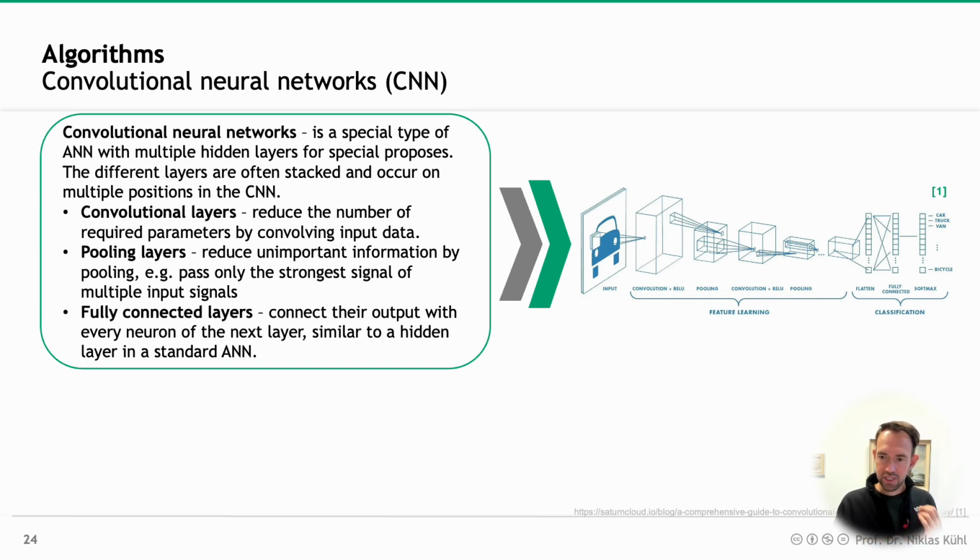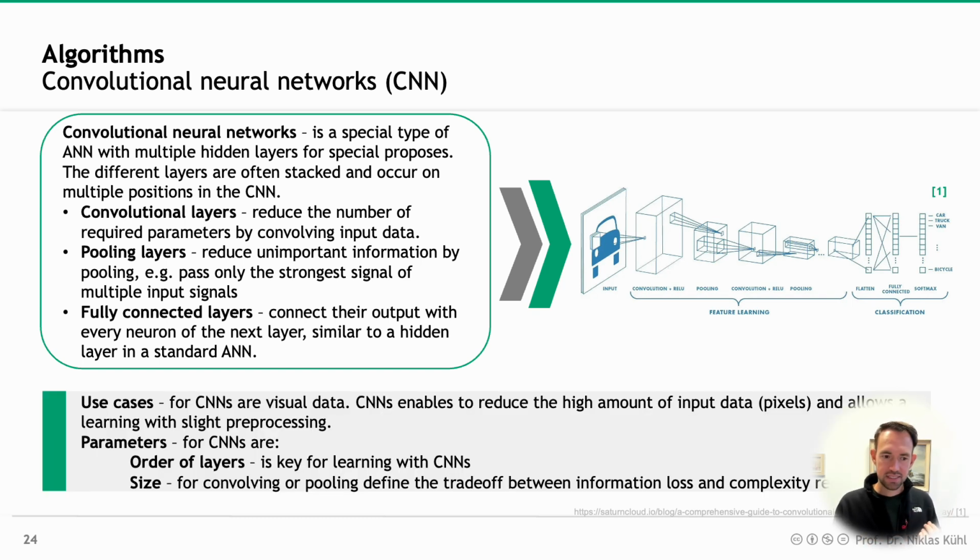What's really interesting is that these CNNs work incredibly well with visual data, especially in high dimensionality of pictures and videos, which is really, really interesting. And again, you can tune those. So for CNNs, again, you can distinguish between the order of the layers. Over here we have, for example, convolution and ReLU layer, then we pool again, then we convolute again, then we pool again.